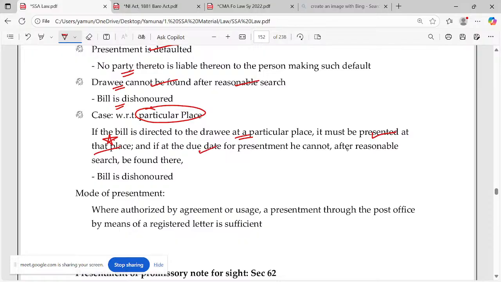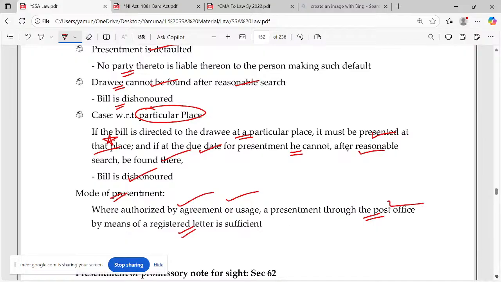And if at that due date for presentment after reasonable search we cannot find him, obviously bill is dishonoured. Mode of presentment probably authorized by agreement or usage, probably through the post office or by means of registered letter is sufficient. நீங்க டைரக்டா போய் present பண்ணணும் அவசியம் இல்லை. Either through post office or registered letter is sufficient.